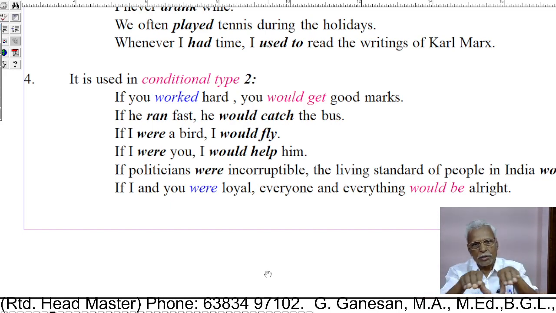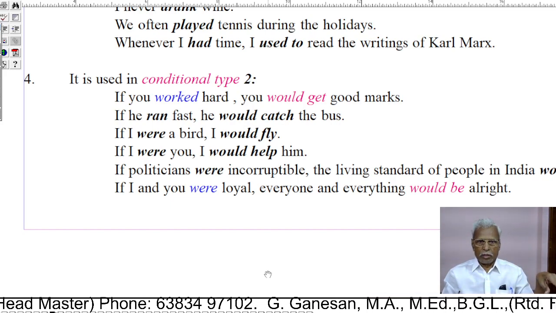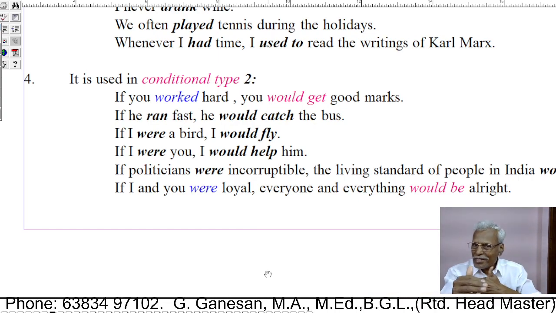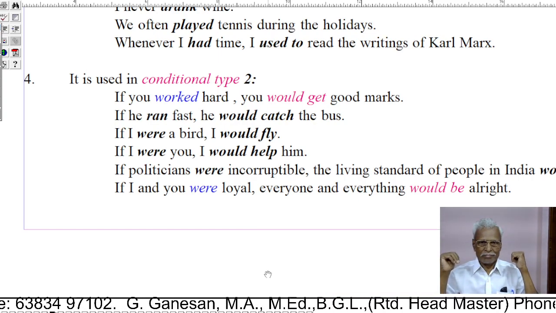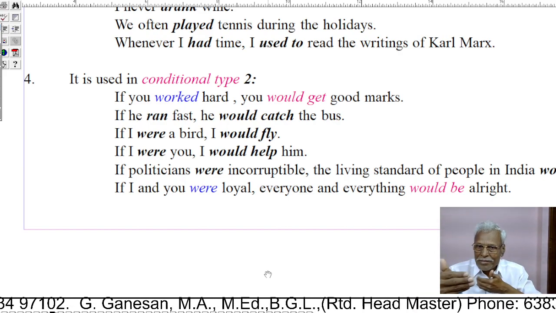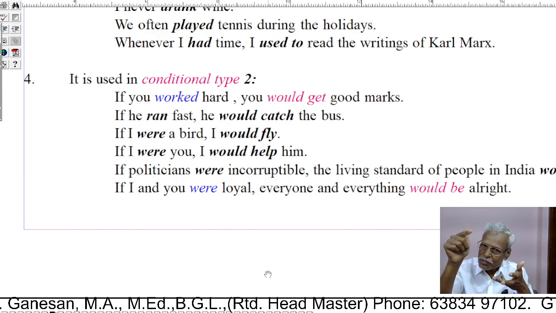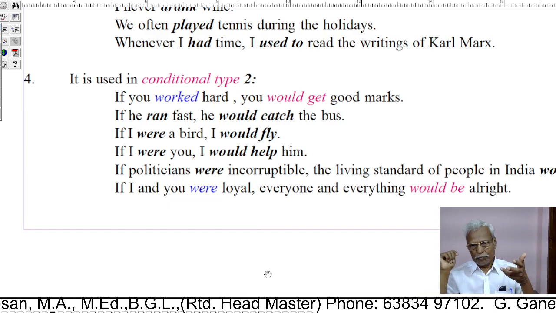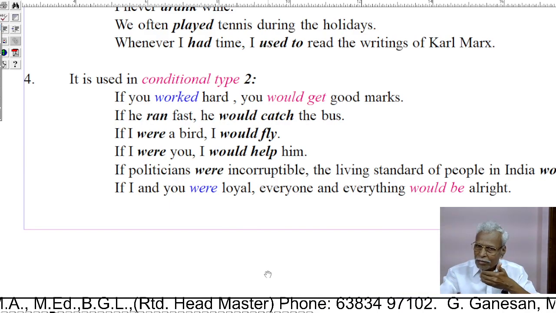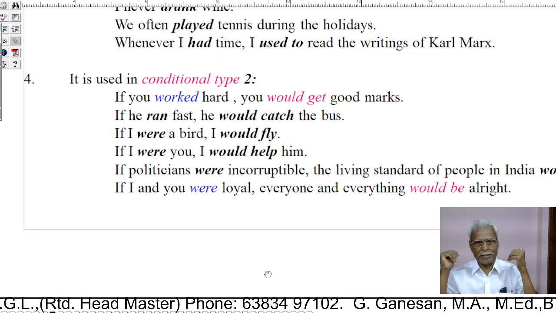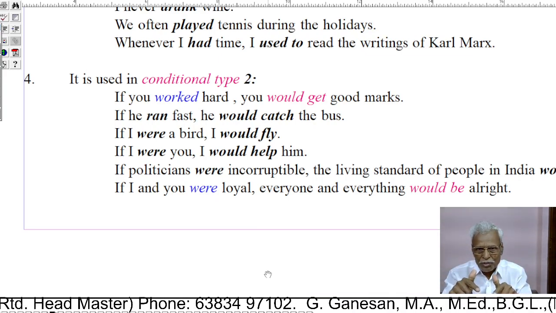The condition that may happen is expressed in the first type. What is improbable, against the probability of happening, is expressed in the second type. And what cannot occur again, what cannot be done again, is expressed in the third type.